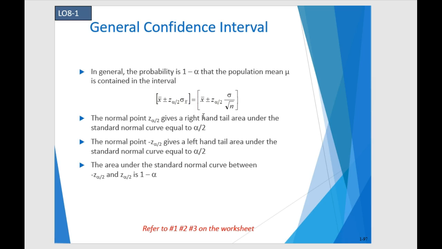The area under the standard normal curve between negative z alpha over 2 and z alpha over 2 is 1 minus alpha. That sounds like a foreign language, but I'm going to draw a very simple picture that I think should make this more clear. So we have our standard normal curve.